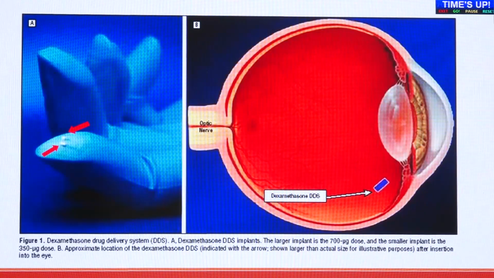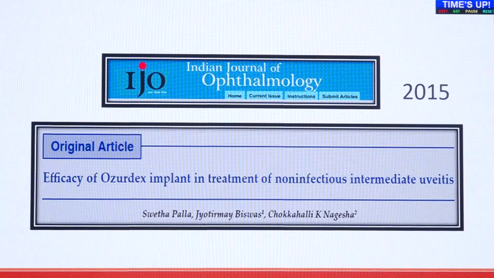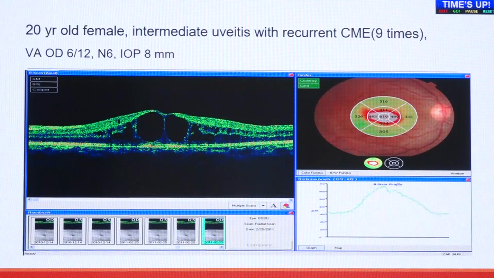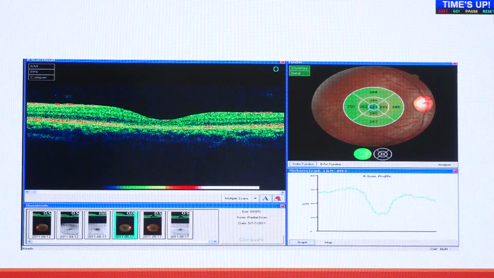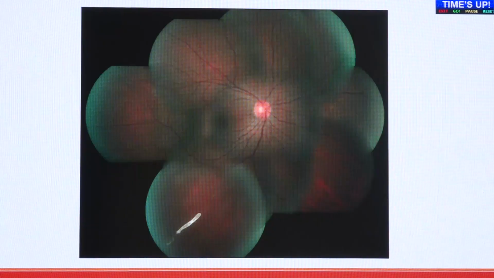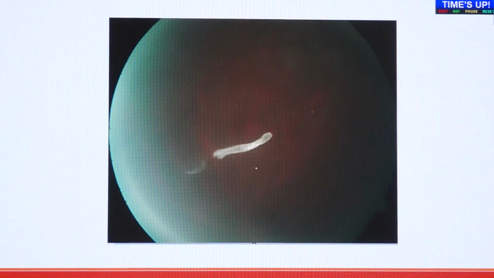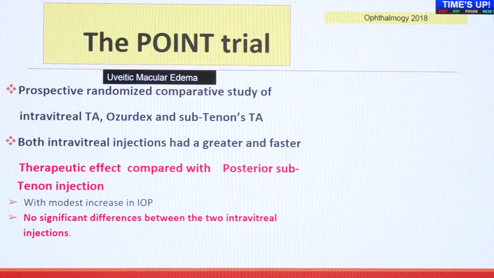It is rice grain size. We used it in 15 patients with non-infectious recalcitrant intermediate uveitis, and we found that the cystoid macular edema rapidly resolves, with sometimes a little rise of intraocular pressure, which can be controlled with medical treatment. And this is the implant in the vitreous cavity, slowly getting degraded.